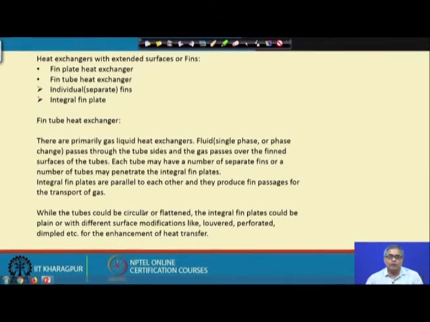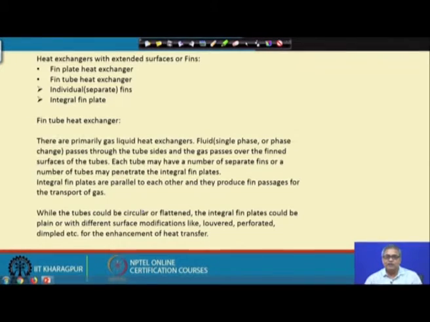If you recall, when we started augmentation of heat transfer, I told that basically the engineer has to analyze what the overall heat transfer is. In normal cases, there are 5 resistances. Let us say there are two fluids and we call them fluid 1 and fluid 2. So, convective heat transfer of fluid 1, fouling of fluid 1, then the metallic surface, then the fouling of fluid 2 and convective heat transfer of fluid 2.